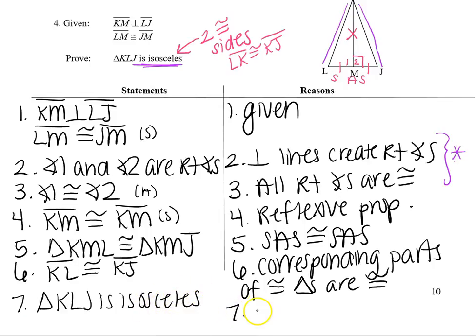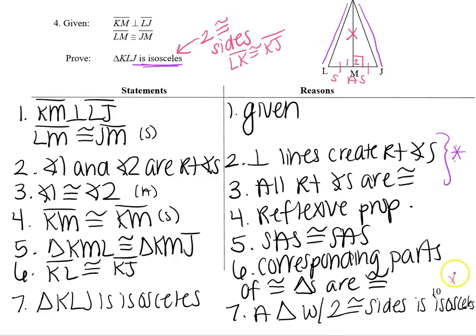And that's because a triangle with two congruent sides is isosceles. Okay, squeeze that in there. Okay, and then you're done, right? Because by definition, a triangle is isosceles when it has two congruent sides. So that's my new little justification there that we're using in our proof.